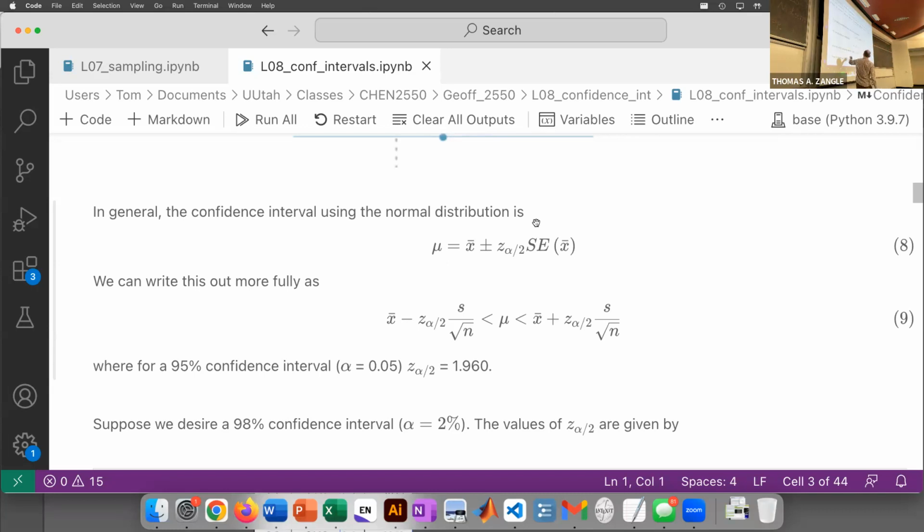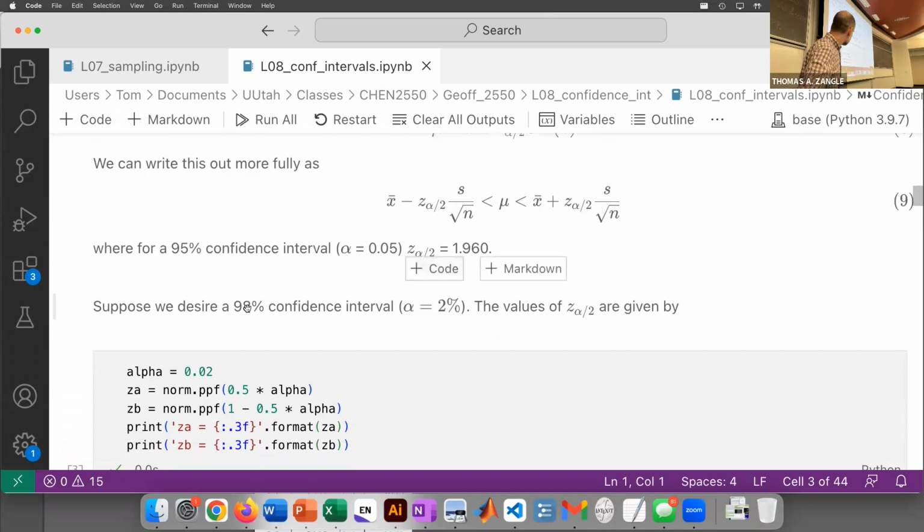It's written here as alpha over 2 because if we look at this example here where we have a 98% confidence interval, alpha is now 2%.